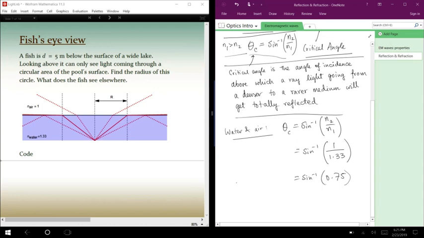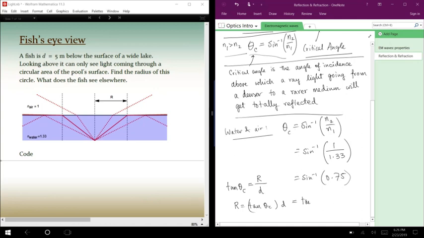So we also know then that tangent of that angle, tangent of theta c in this particular example, is equal to r divided by the depth of the pool, which in this particular case can be given to you. So r equals tangent of theta c multiplied by d. Okay, and in order to find tangent of theta c, we can just take theta c from here and plug it in.